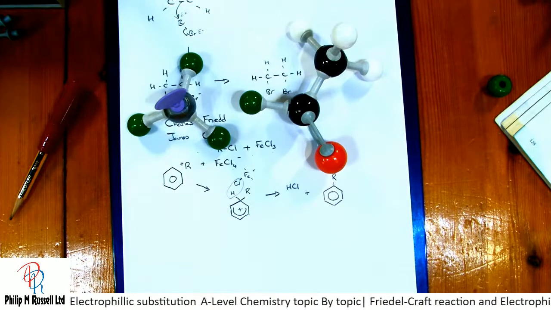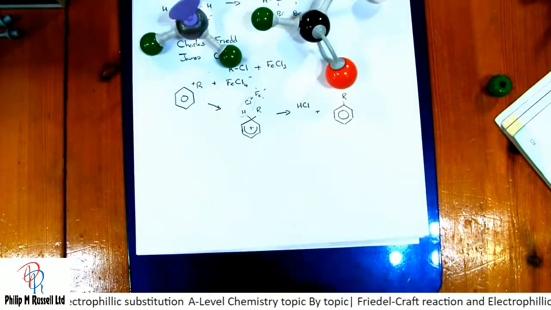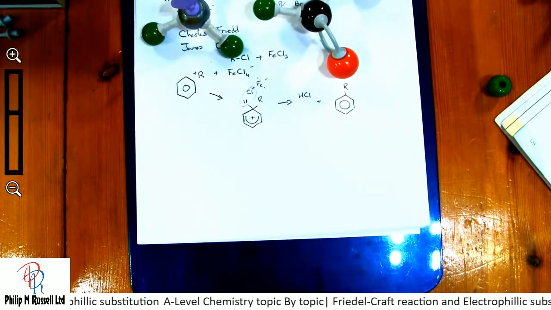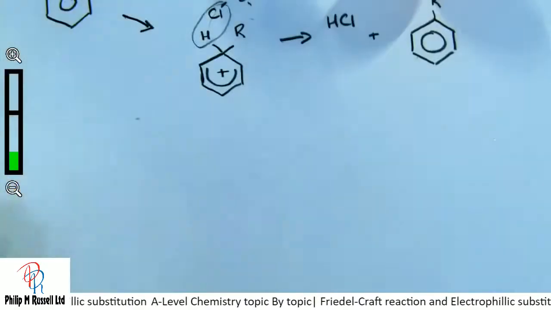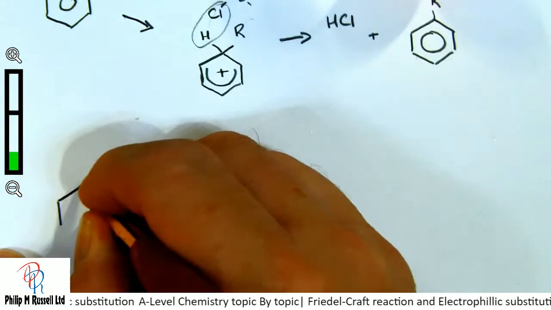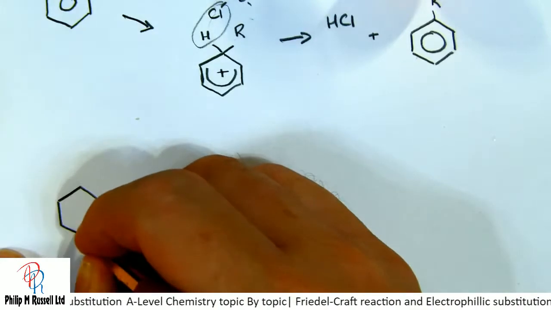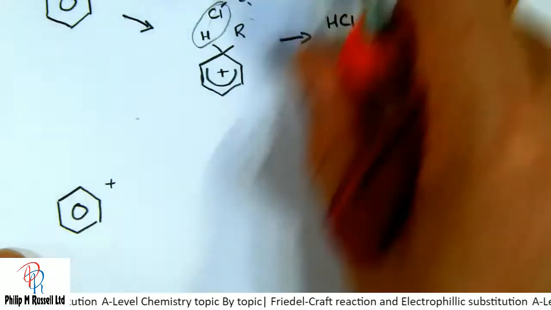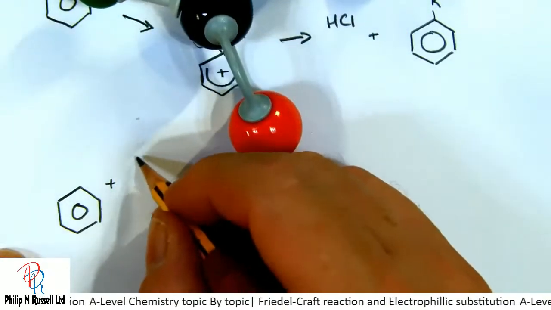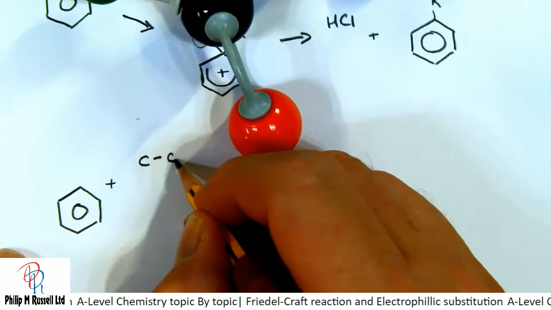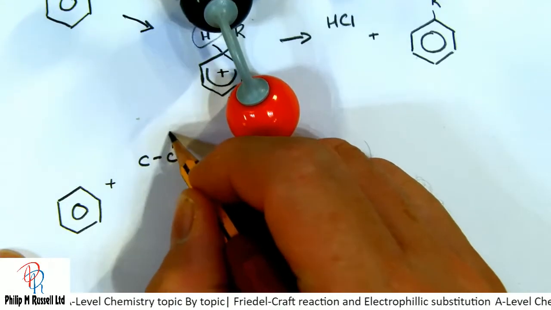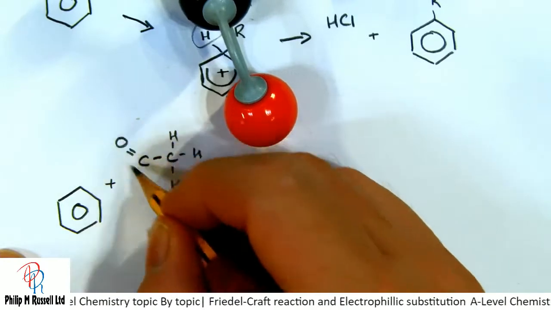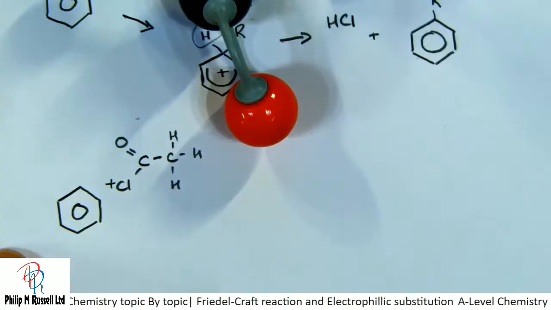and using the Friedel-Crafts reaction we can take our benzene, and this time it can meet this substance which we've got as an acyl chloride.